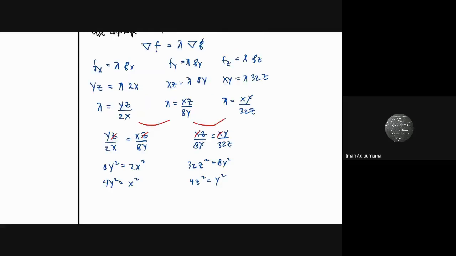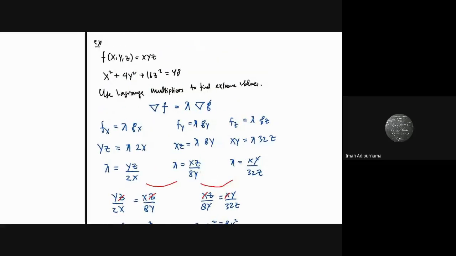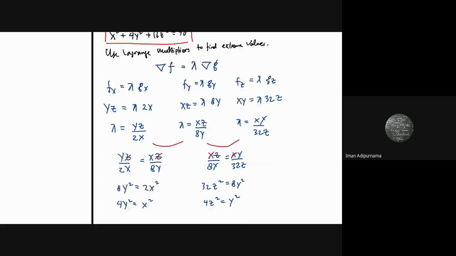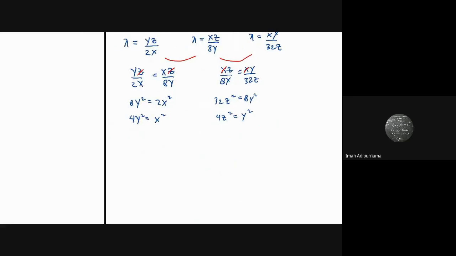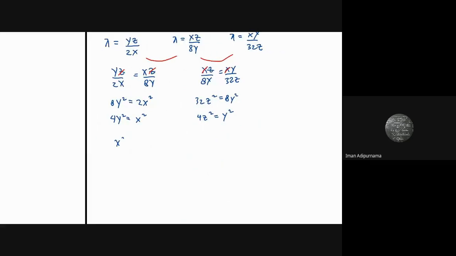Okay, now we are going to look at our constraint. Similar to before, we take x squared plus 4y squared plus 16z squared equal to 48. So x squared I will take as 4y squared, and 16z squared is also 4y squared, right?